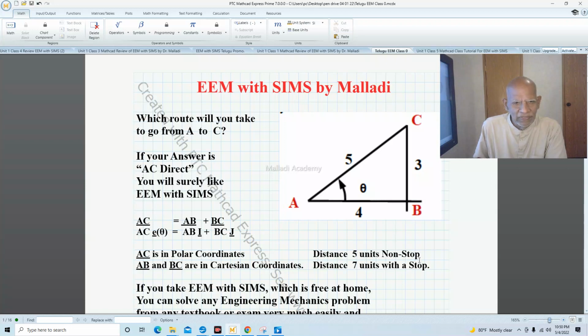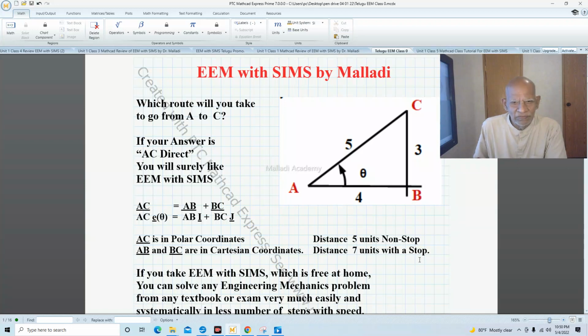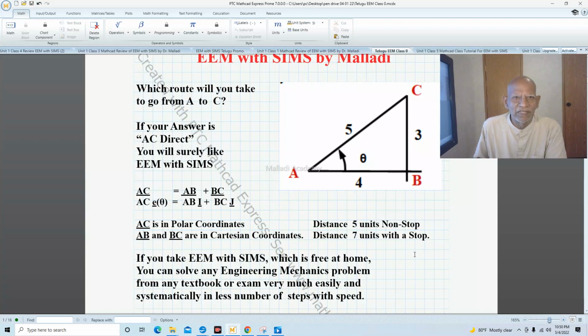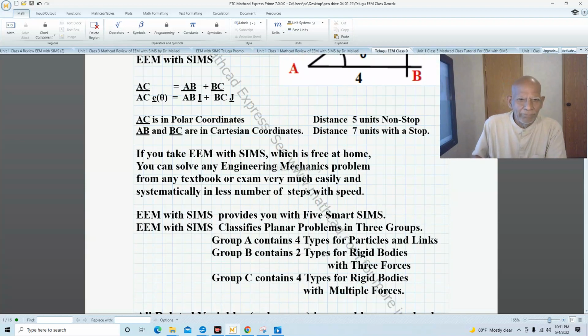If you take EM with SIMS, which is free at home, you can solve any engineering mechanics problem from any textbook or exam very easily and systematically, in fewer steps and with high speed. EM with SIMS provides you with 5 smart SIMS.